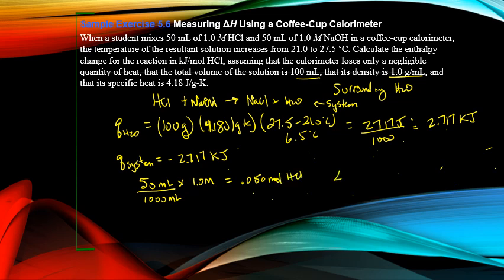So once again, to solve for delta H in terms of the HCl, I would have the negative 2.717 kilojoules, and I would divide that by the 0.050 moles. And when we do that, we end up with a value of 54.3 kilojoules that would be released. So I'd have a negative 54.3 kilojoules.